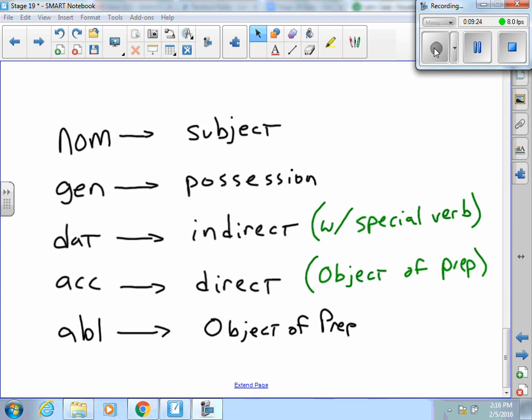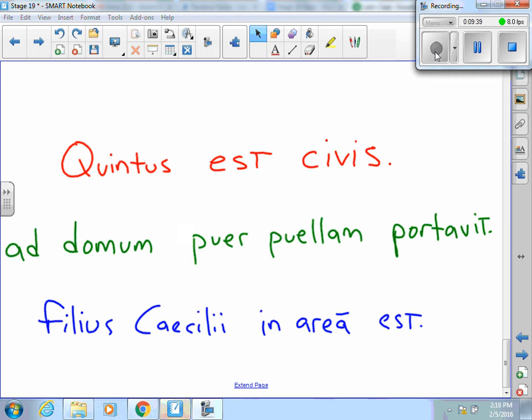Remember, necesse est, it is necessary, plus the dative for you. Accusative is a direct object, can be the object of a preposition, and ablative is the object of a preposition. Here's an example of each one of those in use. If you would, please read through these sentences and try to identify the case of each word and its grammatical function.